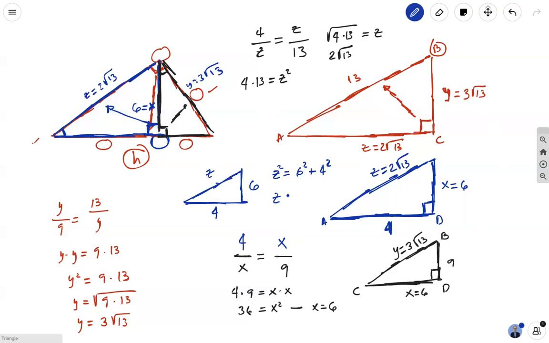And this is going to be equal to the square root of 36 plus 16. And you could complete the process, and at the end, you could simplify this into 2 times the square root of 13.